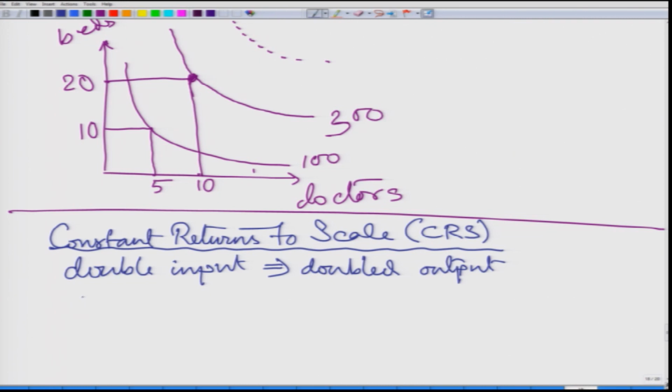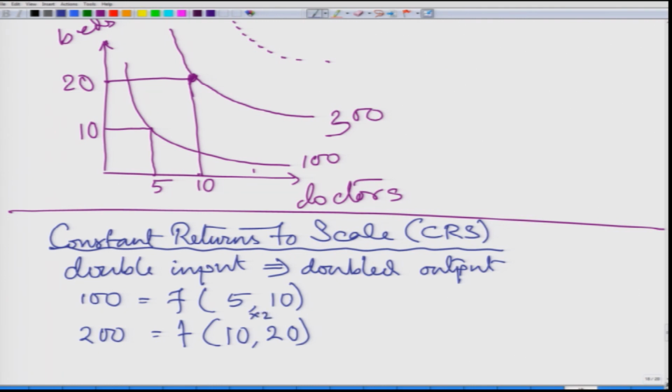That means if 100 was my production given 5 doctors and 10 beds, now when I increase my doctors and beds by 2 times, I get 10 and 20, we can observe my output is also increasing by 2 times, and we get 200.